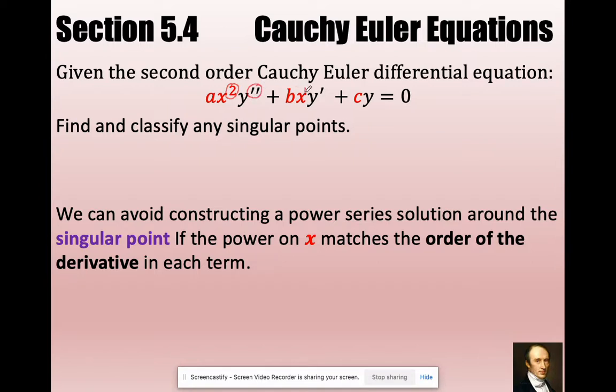The power of x is 1, and the order of the derivative on this term is 1. The power on x is 0 on this term, and the derivative on y is 0. This is the 0 order derivative, right? Since those all match, I am going to be able to use Cauchy Euler's method instead of constructing a power series.